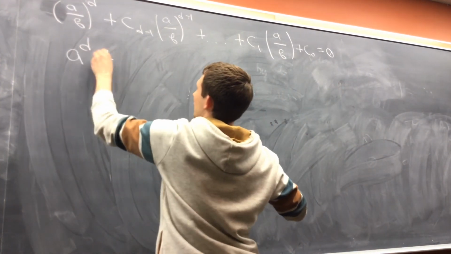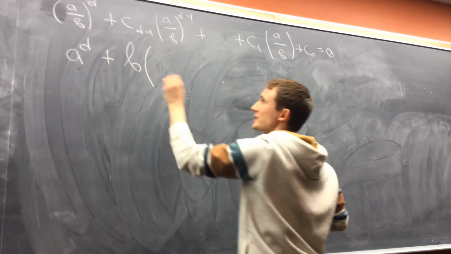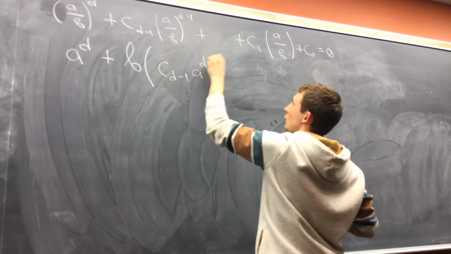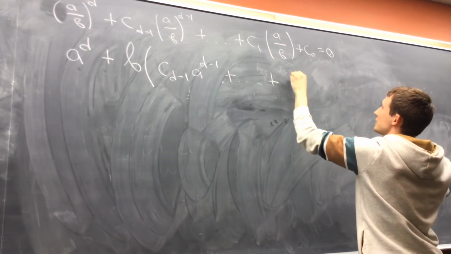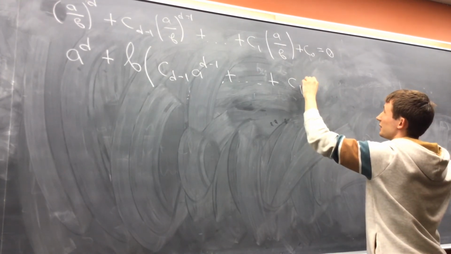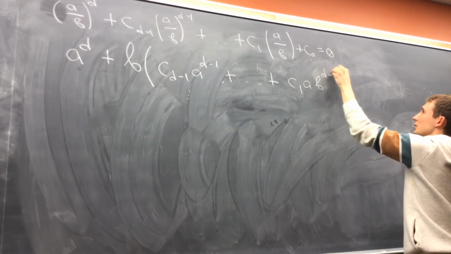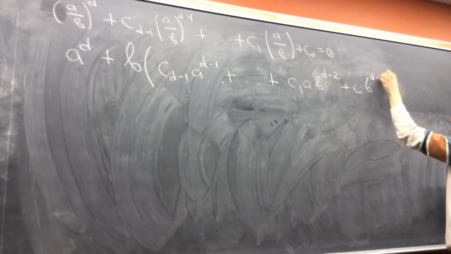And the way I'm going to do it is this. So it's a^d, and then I'm going to pull out b outside. So this is just going to be c_{d-1} a^{d-1}, plus, and so on, plus c_1 a b^{d-2} plus c_0 b^{d-1}.